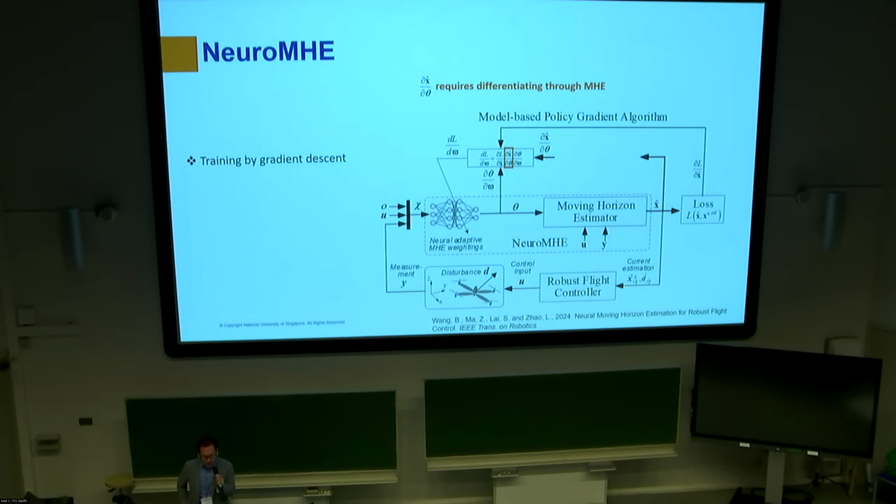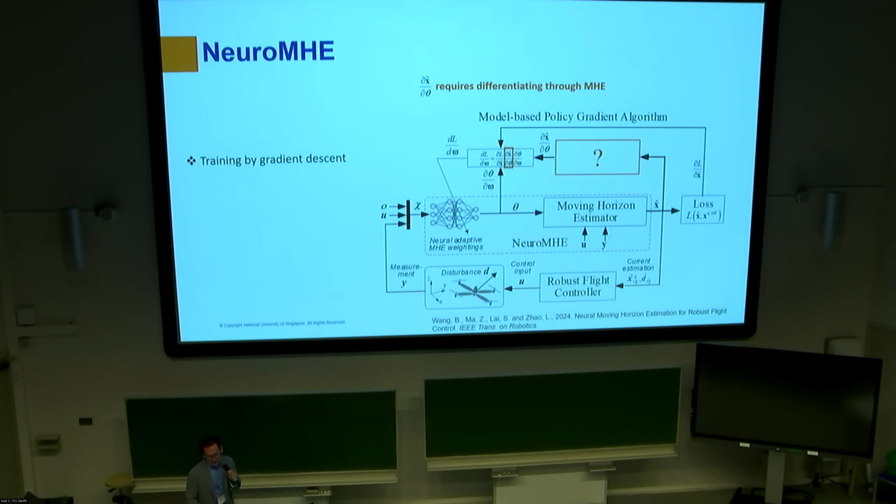We have 3 parts, and the first and the third parts are explicit functions, whose gradients are explicit and easy to calculate. The more challenging one is the middle one, in the orange box. This requires us to differentiate through the MHE, which is an implicit gradient, as Brandon has mentioned before.